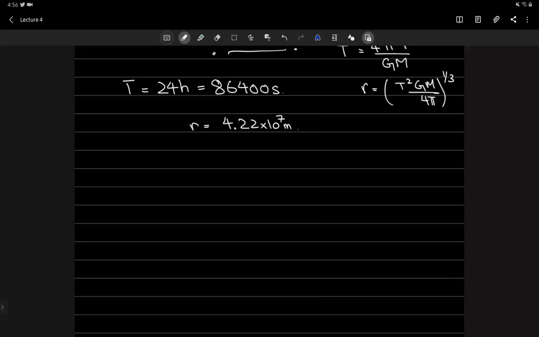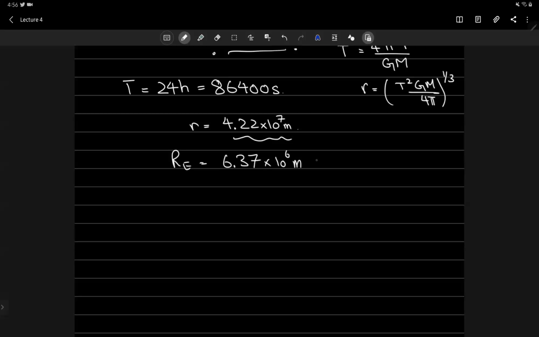Now note that this is just the radius of the orbit from the center of the Earth, right? But to have the height above the Earth's surface, we just have to subtract the radius of the Earth from this. And the radius of the Earth is 6.37 times 10 to power 6 meters.